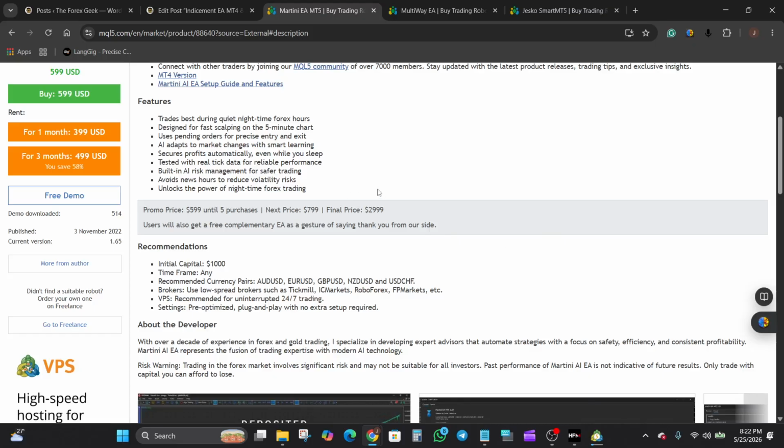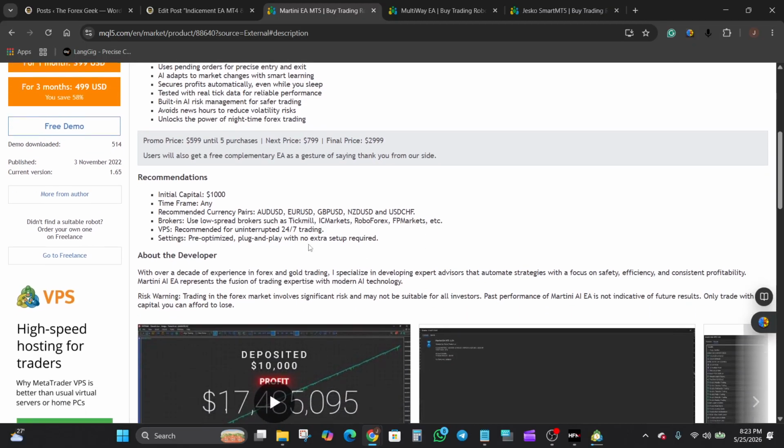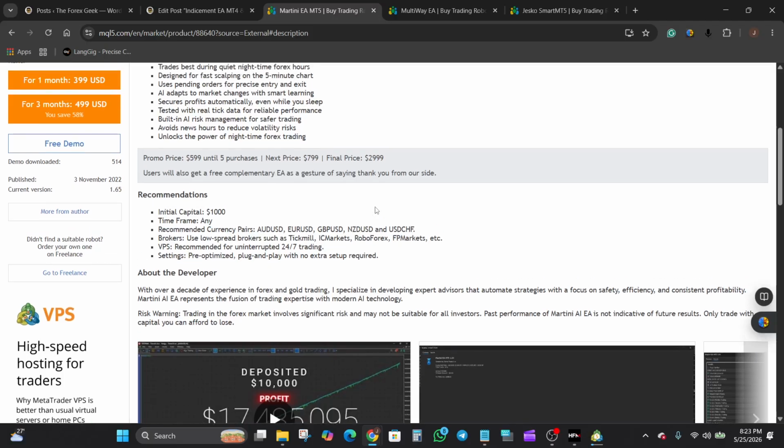Now, before moving into testing, the recommended pairs and conditions are fairly clear: major USD pairs, low spread brokers, and ideally stable execution environments like a VPS. So now looking at the backtesting and chart behavior, the EA is described as having been tested on real tick data, which usually gives a more realistic performance view compared to simplified models.